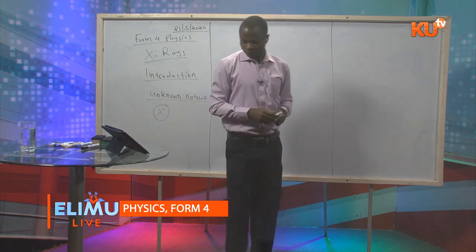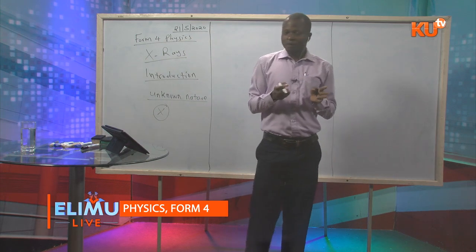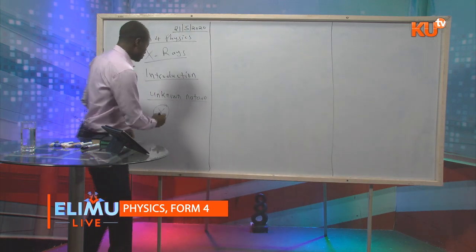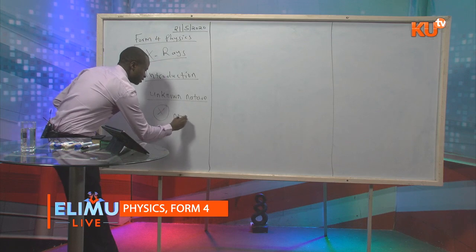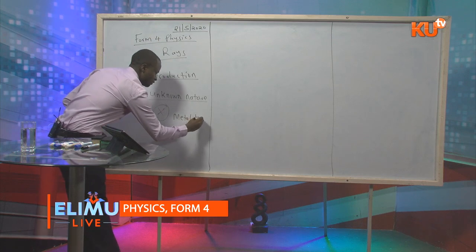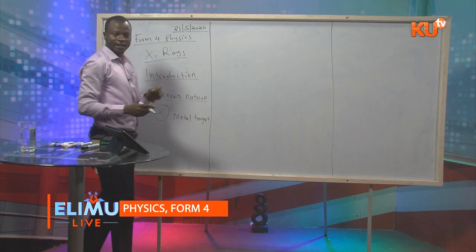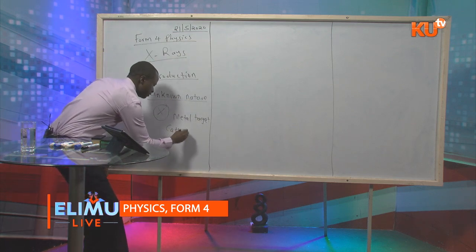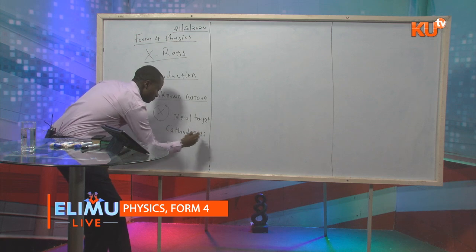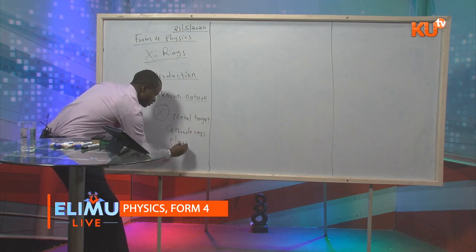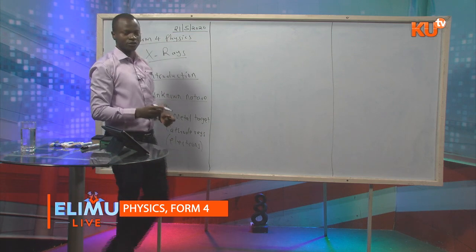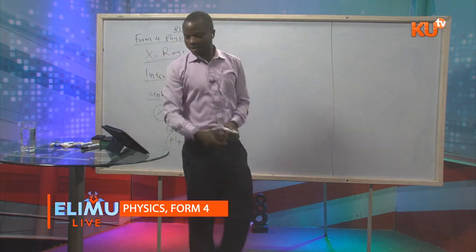But later on, they were discovered to be produced when a metal target is placed in the path of cathode rays, or in the path of fast-moving electrons. Remember, cathode rays were just a stream of electrons. So this is what this guy discovered.